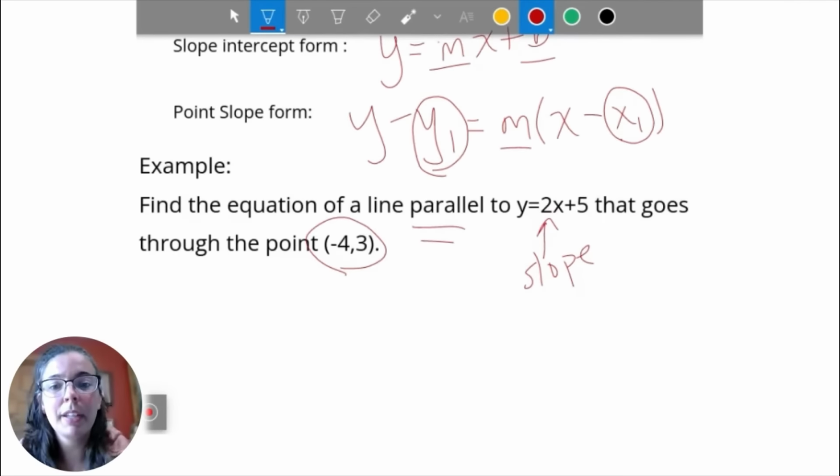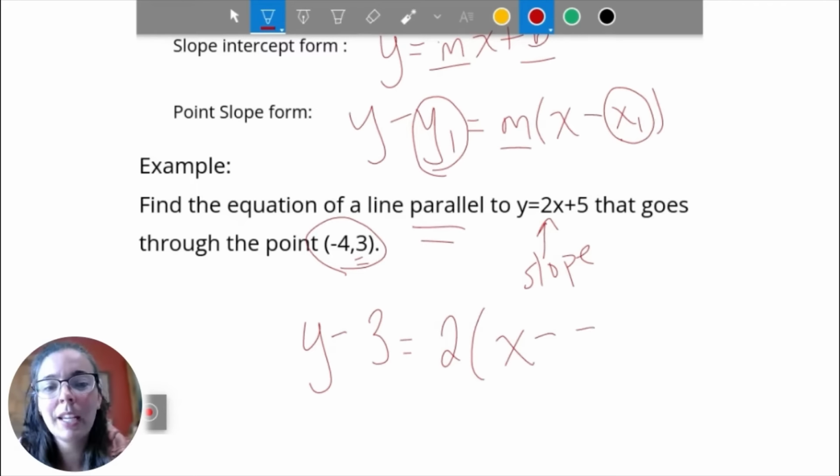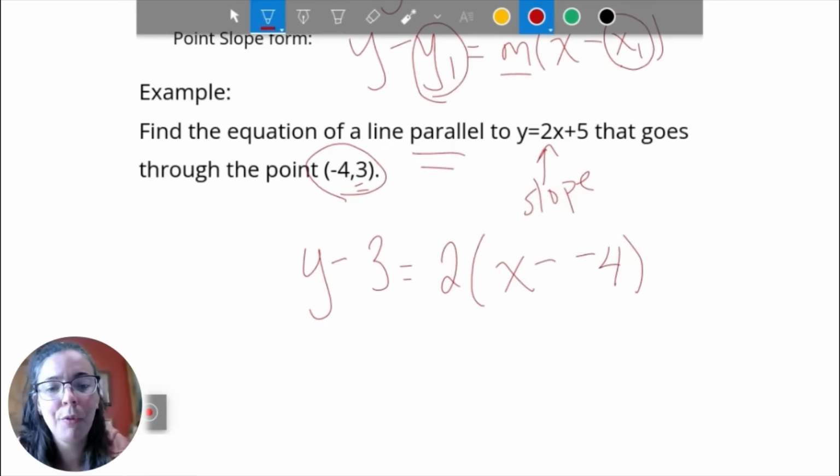So if I go ahead and plug this in, y minus y1, so that's our y value of 3, equals the slope, which is the same, so that's 2, times x minus, and then our x value is negative 4. So minus a negative 4. We could clean this up a little bit by knowing that minus a negative is actually plus.